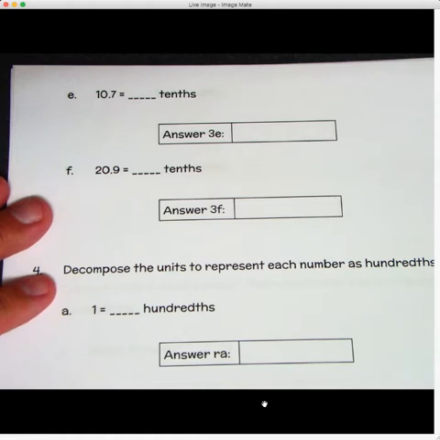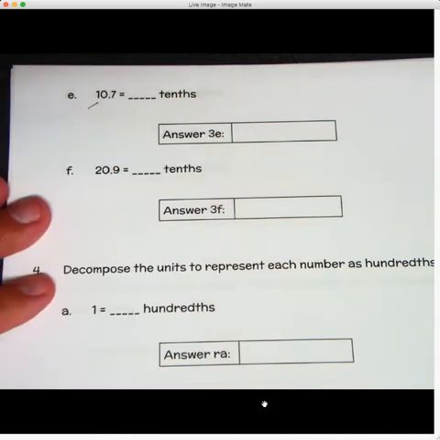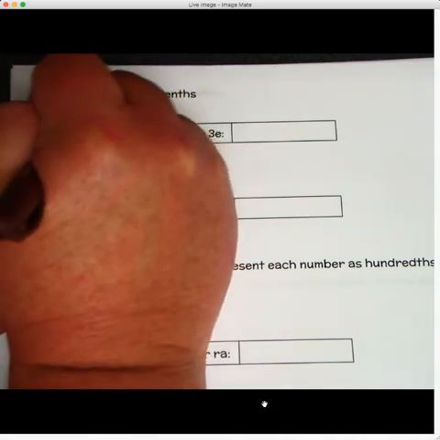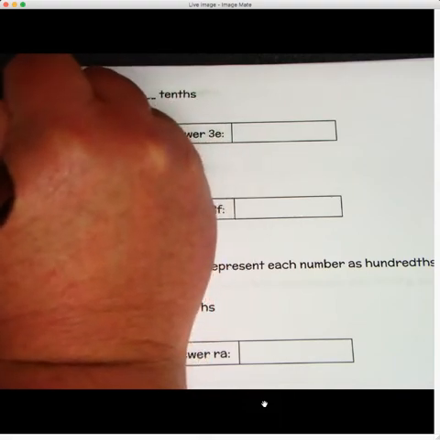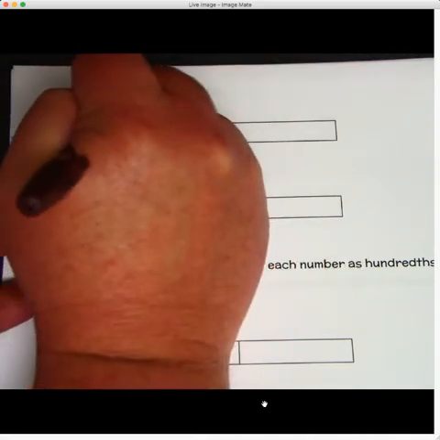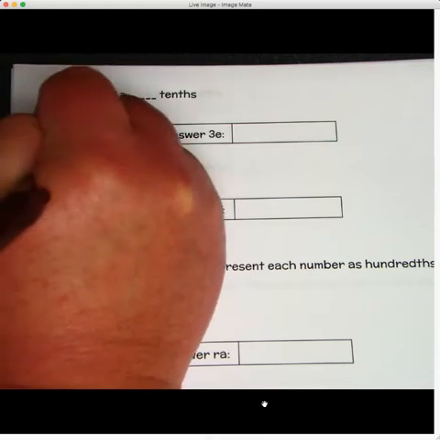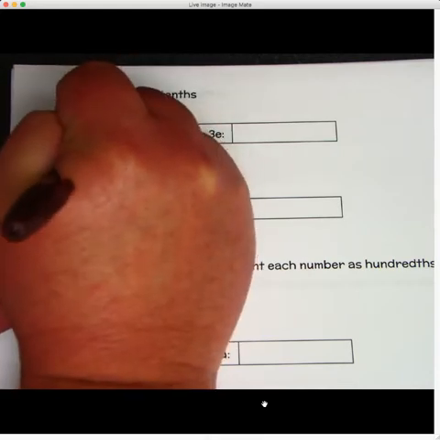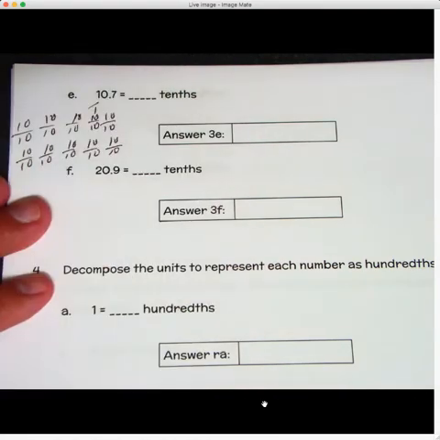All right, I have 10 and 7/10. How many tenths is that? So to do 10, I'm going to have to do 10/10, 10/10, 10/10. Some of you already know what the answer is going to be. It's like 10 times 10, right? So there are 10 10/10 to equal 10.